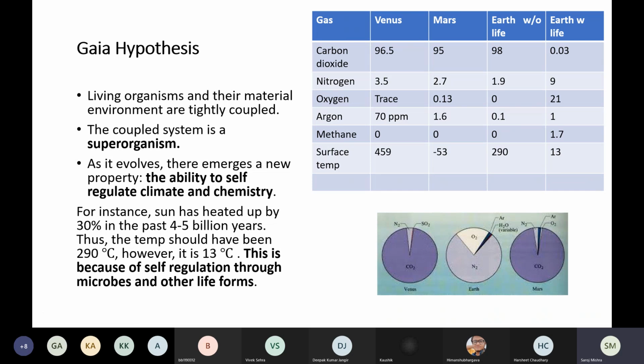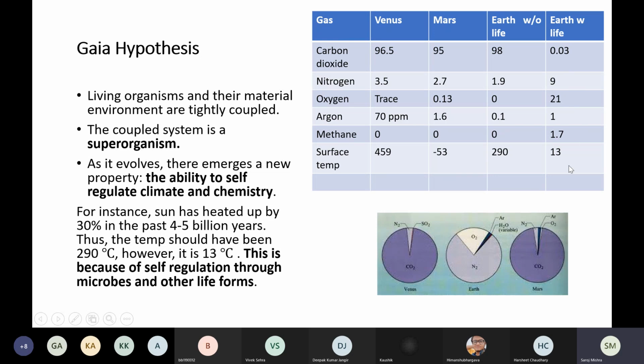Okay. However, what is the temperature of Earth? Because of the life forms, it is only 13 degrees average temperature. And look at the composition of the gases. Carbon dioxide only 0.03%, nitrogen 9%, oxygen on the other hand 21%, and so on and so forth.